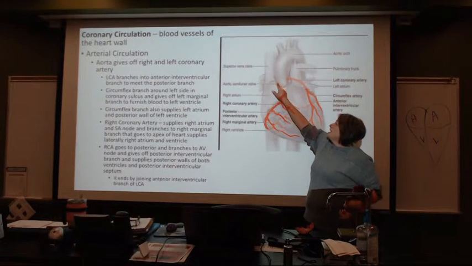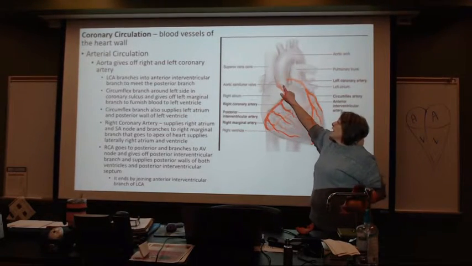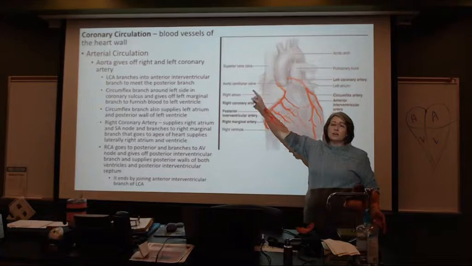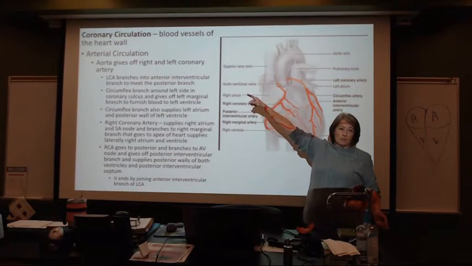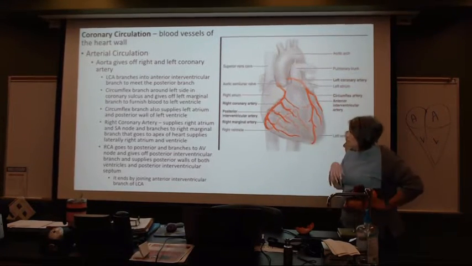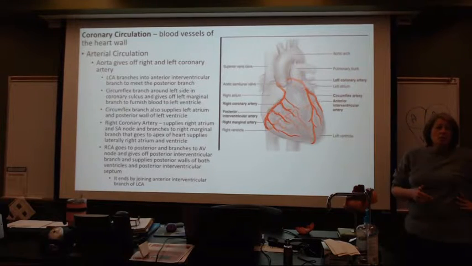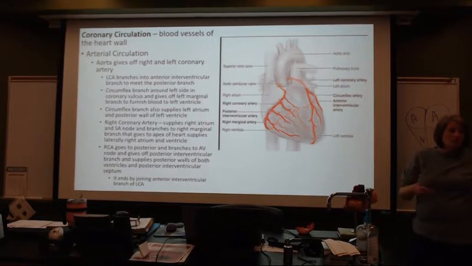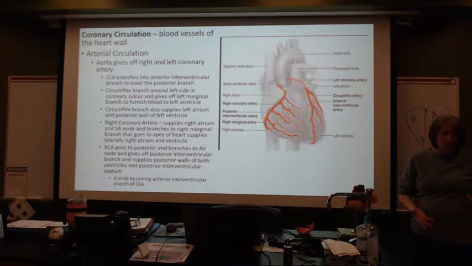We're going to have a left and a right coronary artery. So you may hear people say the heart attack occurred in the left coronary artery or the right. Once again, depending upon severity will determine how the person survives, okay?